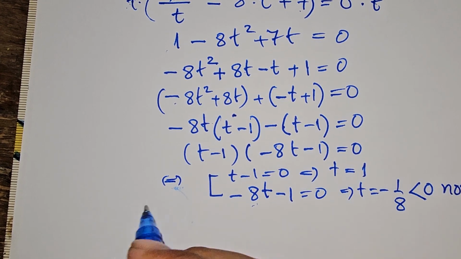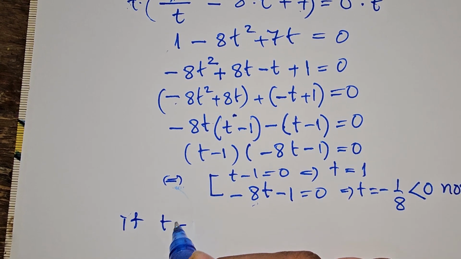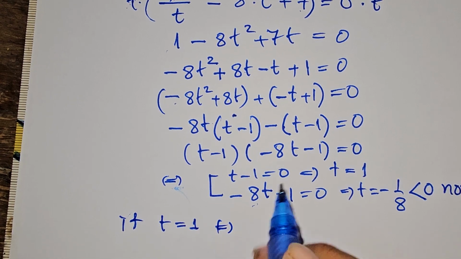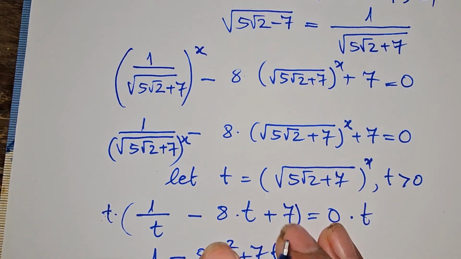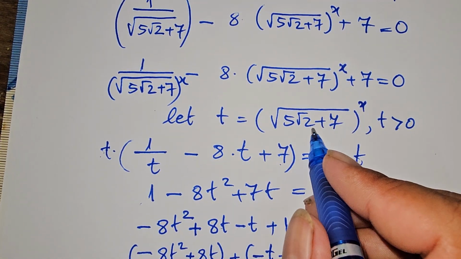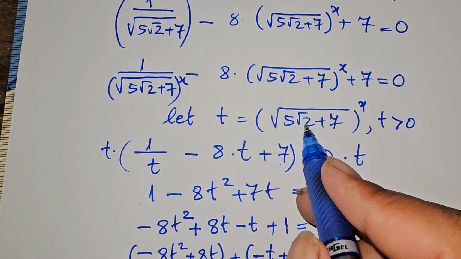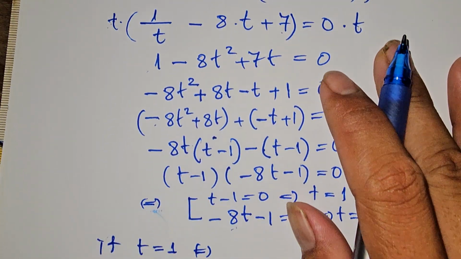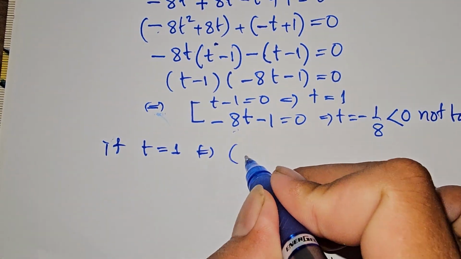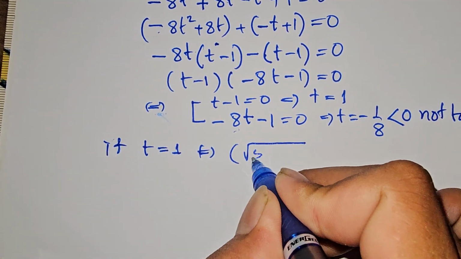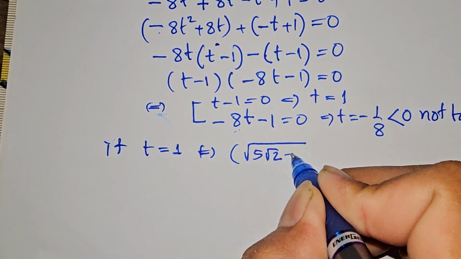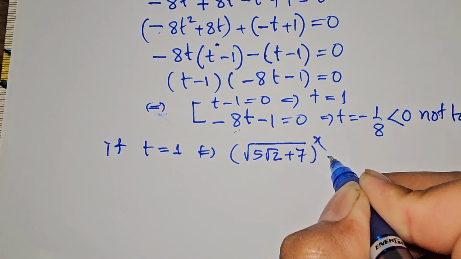And now if t is equal to 1, we compare with the function where we let t equal (√5·√2 + 1) to the power x. So we get (√5·√2 + 1) to the power x equals 1.